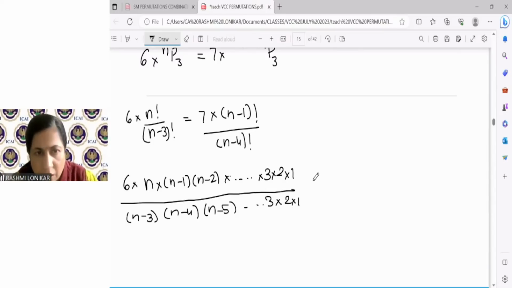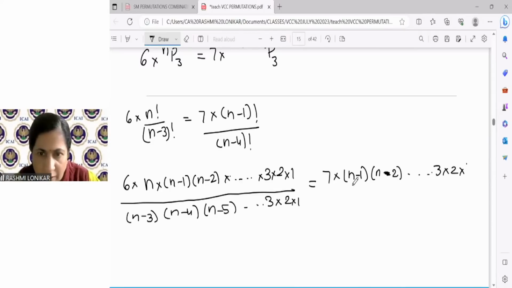Here I can write it as 7 into n minus 1 factorial will be n minus 1 into n minus 2 up to so on 3, 2, 1. In the denominator, n minus 4 factorial is there. So n minus 4 into n minus 5 up to 3, 2, 1.